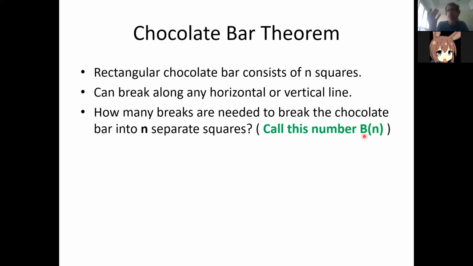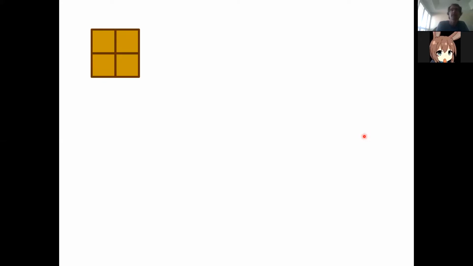And first of all, you can ask whether it depends on the exact geometry of this chocolate bar. I'm going to claim no, it does not. Regardless of how this chocolate bar is arranged, as long as it's a rectangle, b of n is fixed. It just depends on n alone. Let's give an example.